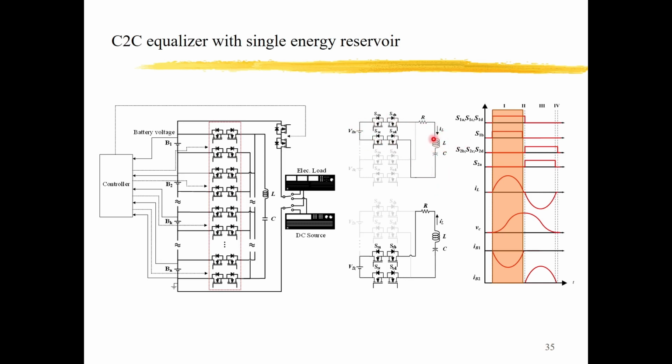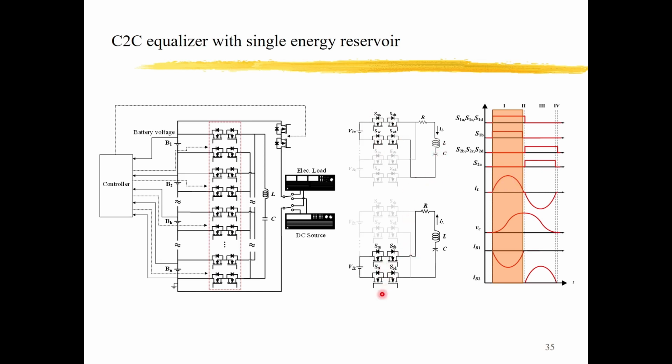And because it is an LC circuit, it causes the current shape like this because it is resonant. So the current shape will be like a sinusoid. Okay, so when the current rises and returns to zero, then we can turn off the switches here, and the energy will be temporarily stored in the capacitor.